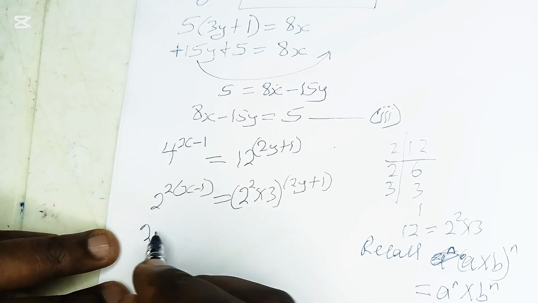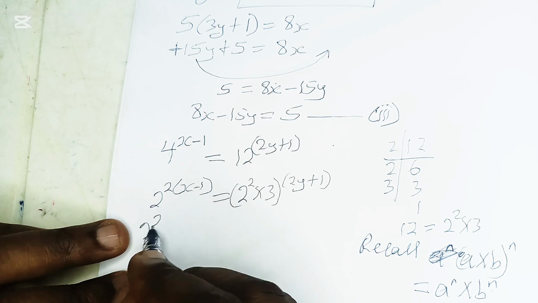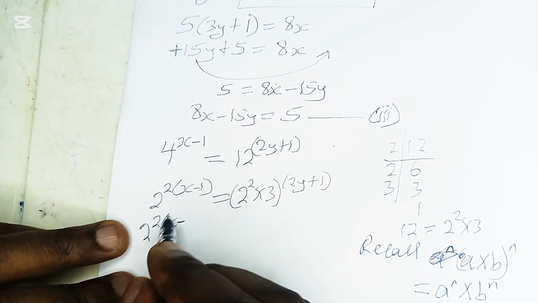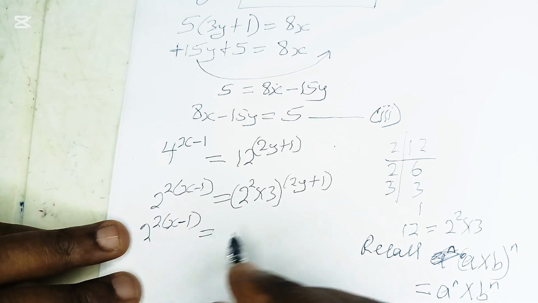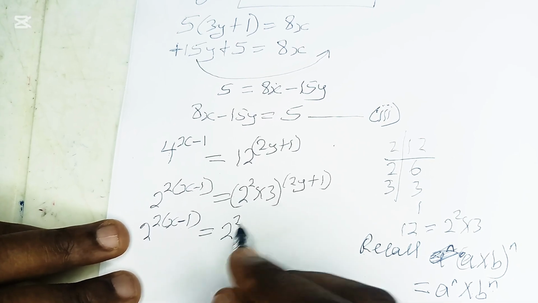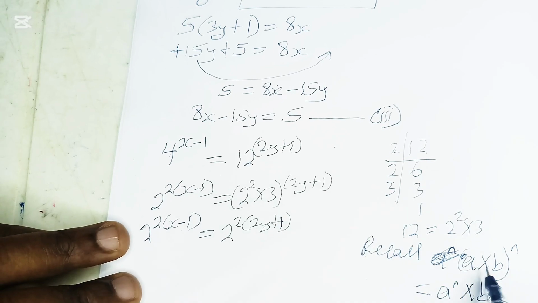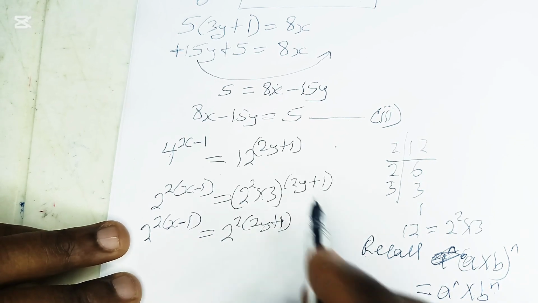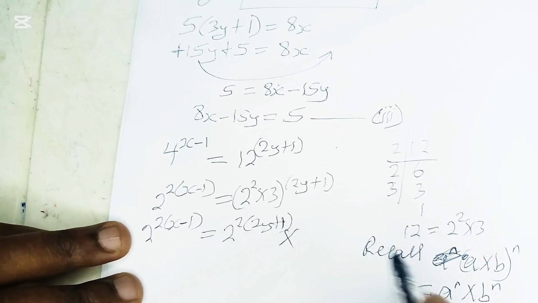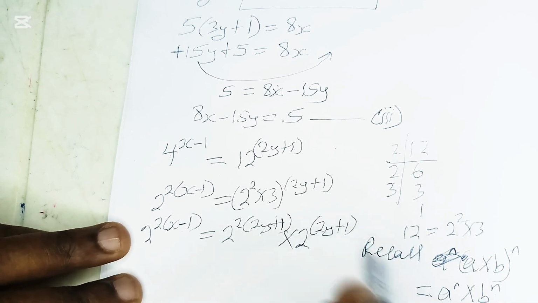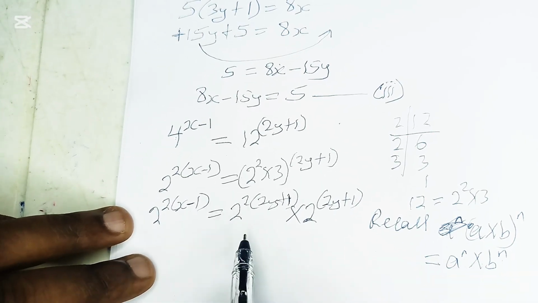It means we have 2 raised to the power of 2 into x minus 1 is equal to 2 raised to the power of 2 into this. We are applying this formula now. It's being distributed, times 3 raised to the power of 2y plus 1, as we have it there.